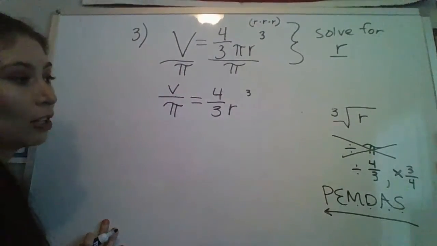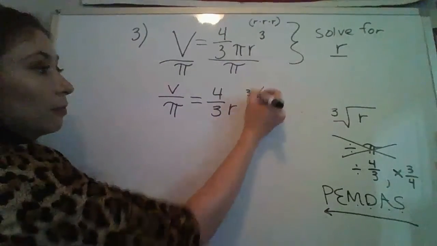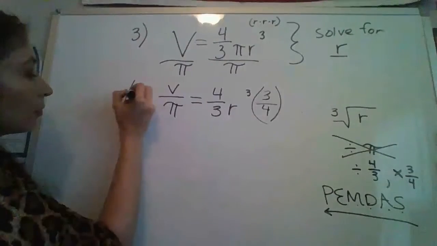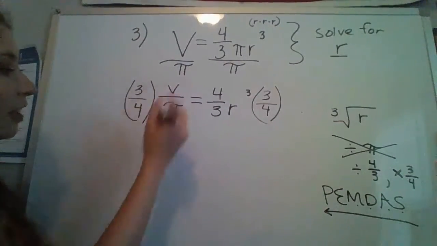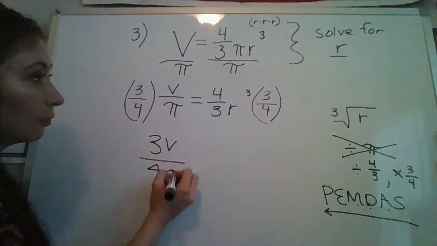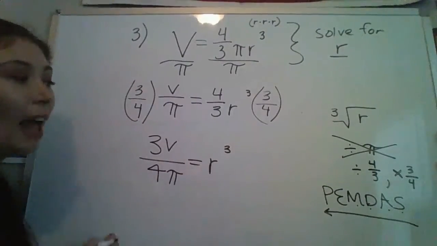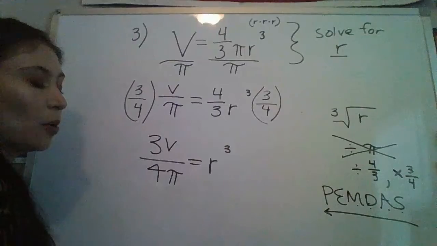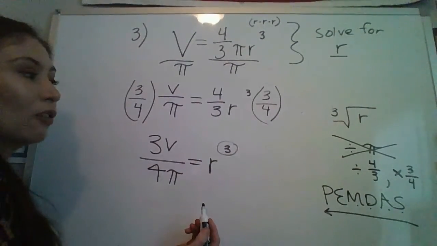The next operation I'm going to do is multiplying by 3/4. So now you can see you have 3v over 4 pi equals r cubed. And my final step is going to be to take the cube root of both sides, because to undo an exponent, you take that root.